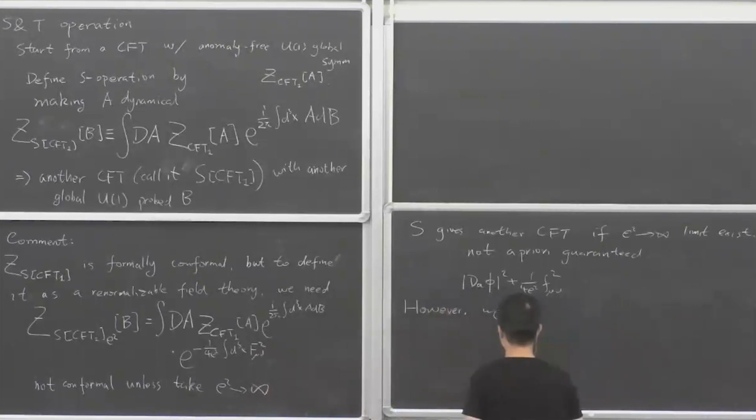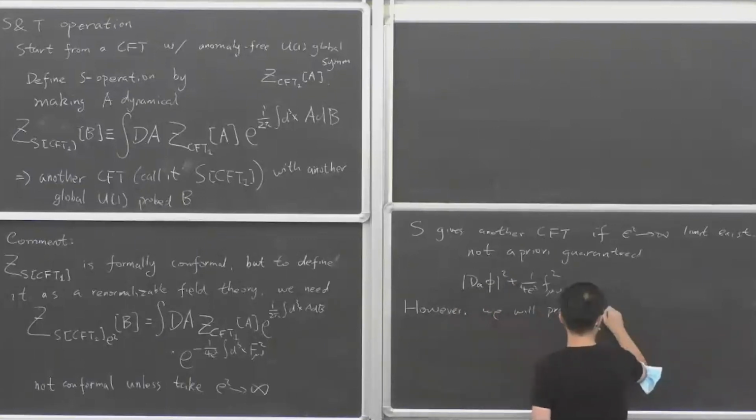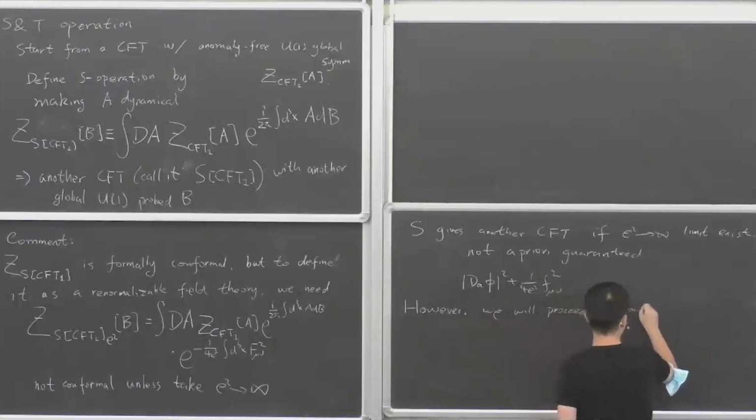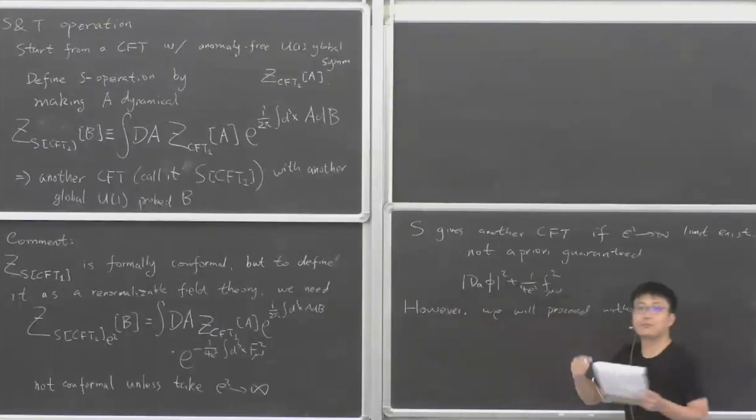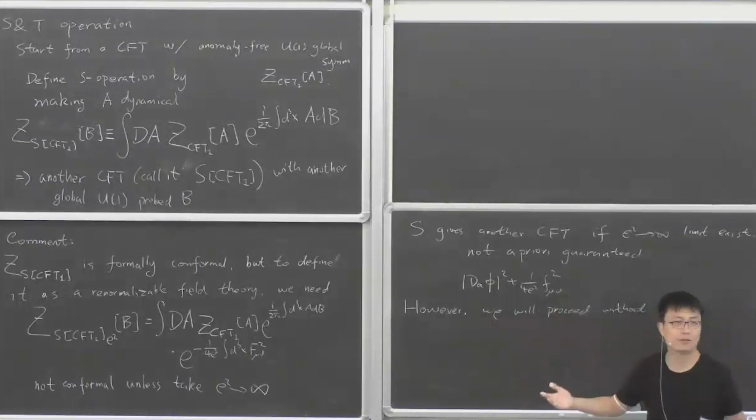Essentially, these counterexamples do exist, but as far as we can see, they don't appear that often. So we'll proceed without further worrying about it. And if anything goes wrong, we'll come back and revisit. You know, I don't feel too guilty about saying that as a physicist.